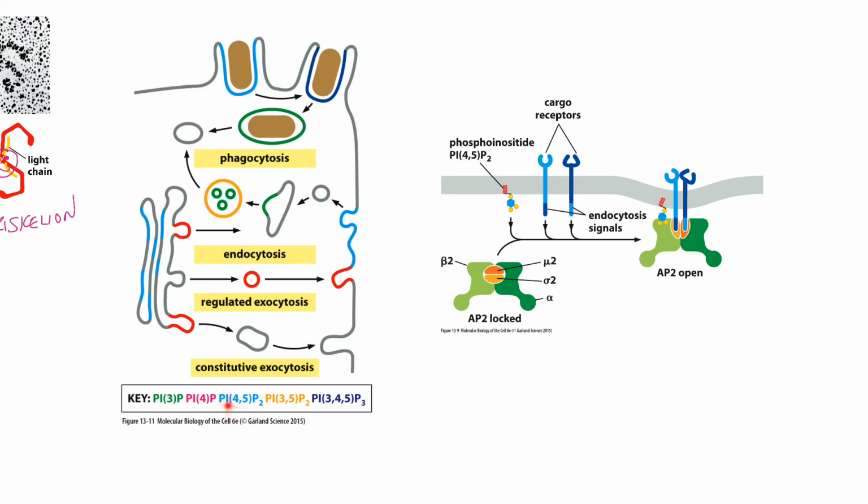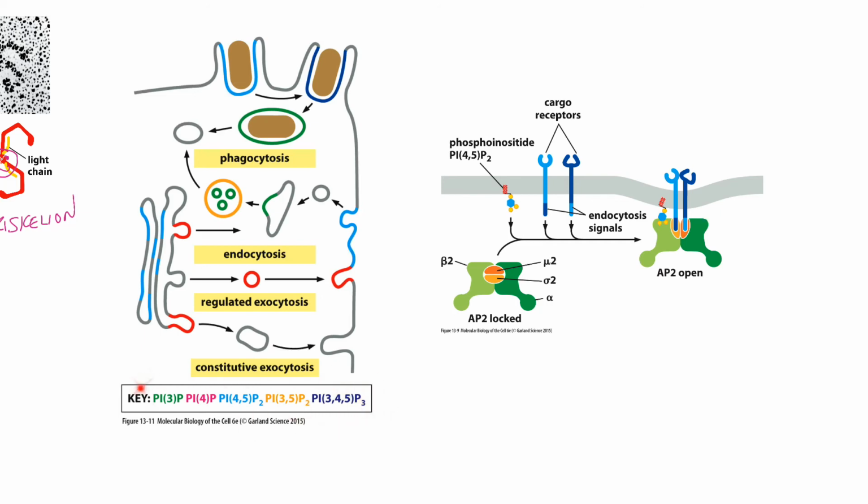And this is phosphatidylinositol 4,5-bisphosphate, so PIP2, or PI(4,5)P2, which is going to be distinct from another PIP2 that has phosphates on different positions of the inositol ring. So you may have heard about PI3, PIP and IP3 in other classes.